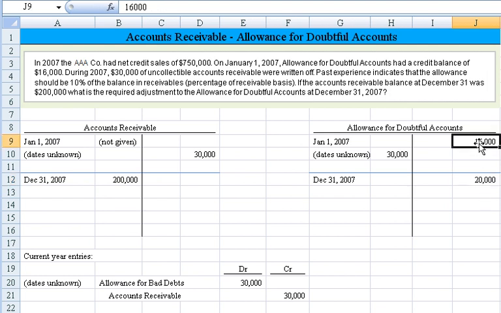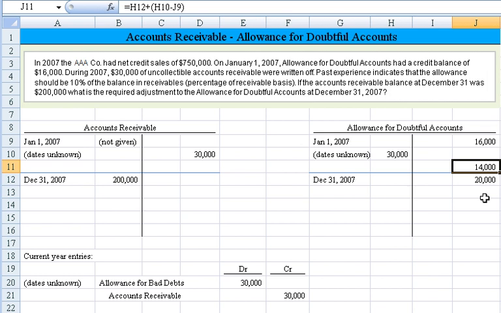So now, we started off with 16, then we had debits of 30,000, so we're in a net debit position. We simply have to find the unknown that gets us to a 20,000 balance. And the way you do it is it's going to be a $14,000 credit.